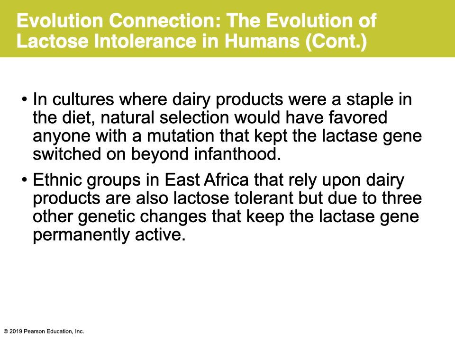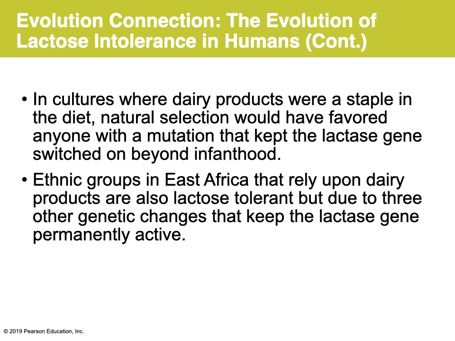So there's ethnic groups in East Africa that rely on dairy products. They're also lactose tolerant, but it's due to 3 other genetic changes that keep the lactase gene permanently active. So it's fascinating in that you have the same result, tolerance for digesting lactose, but in Northern Europeans and East Africans, it's actually 2 different mechanisms.